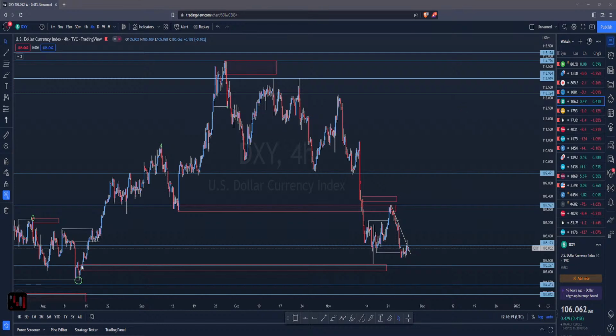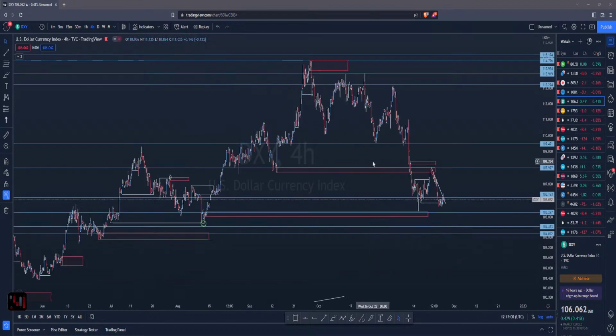Key level as well. We know that on the left side, this low actually reacted from a good zone, this demand zone in here. Personally, as I mentioned a few times, I'm still looking for price to go a little bit lower. I wouldn't mind to see this one being taken.